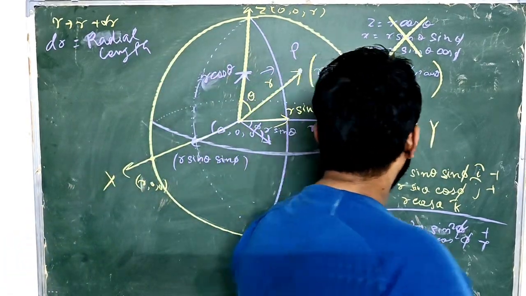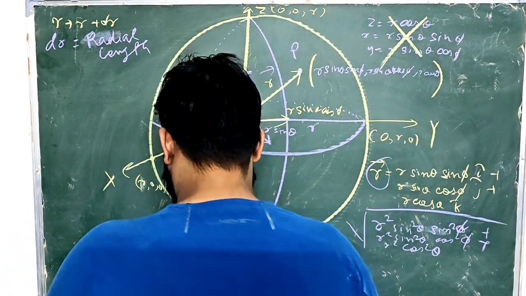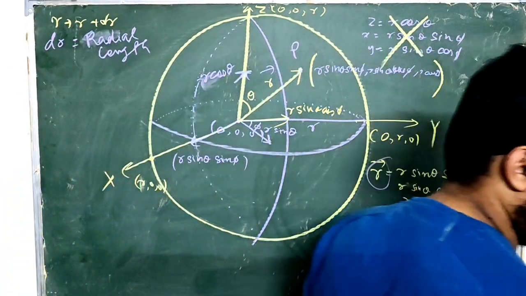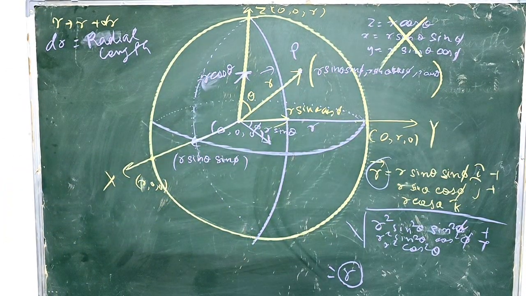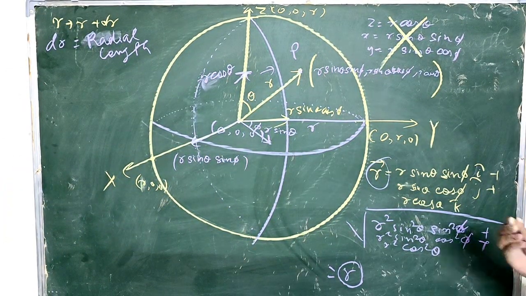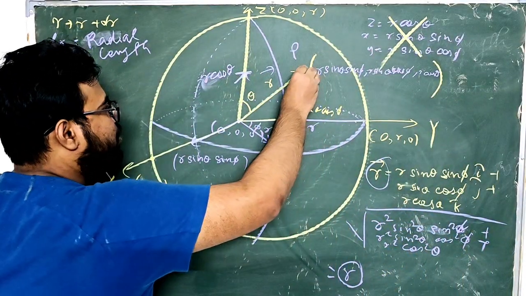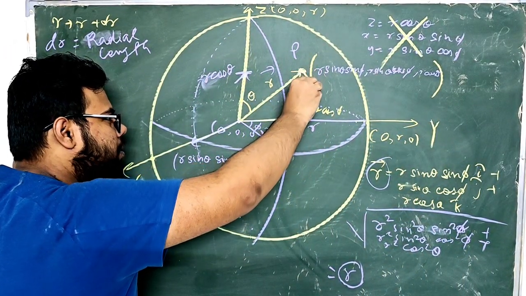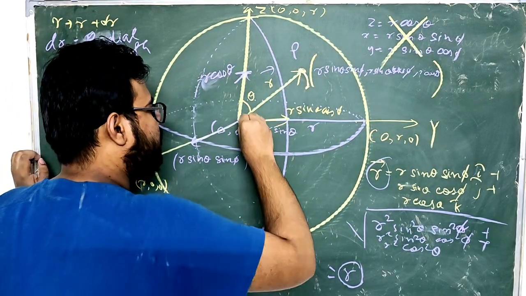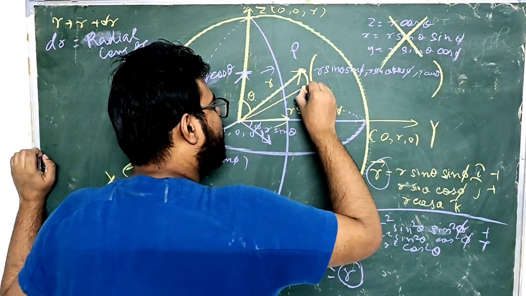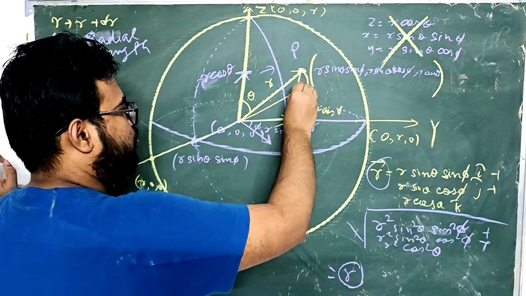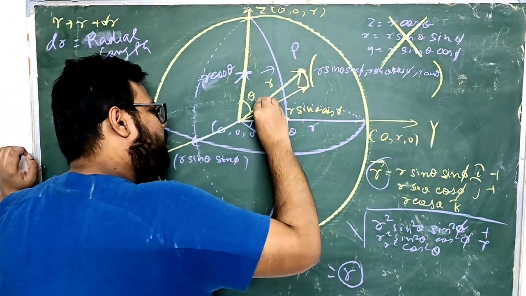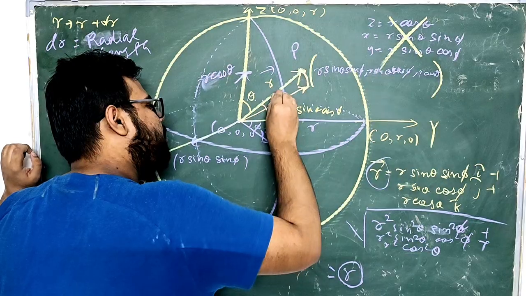Okay. Now suppose, I need to use another chalk because else it won't be clear. Okay, just a minute. Yeah. So suppose I shift this point a bit by an angle d theta.